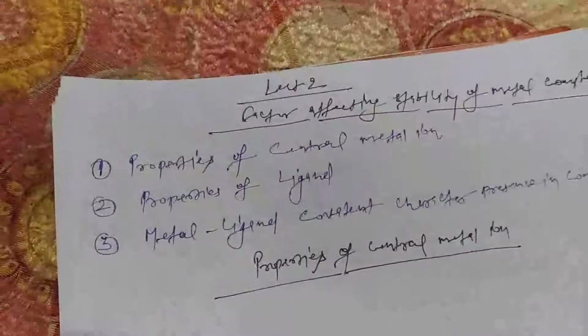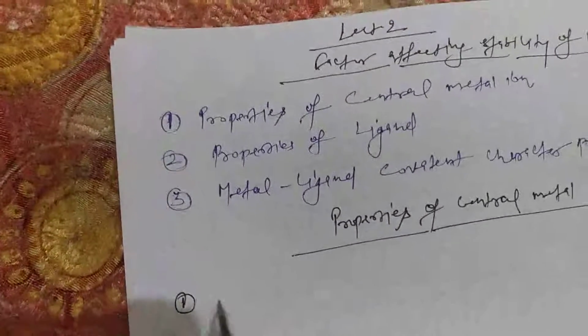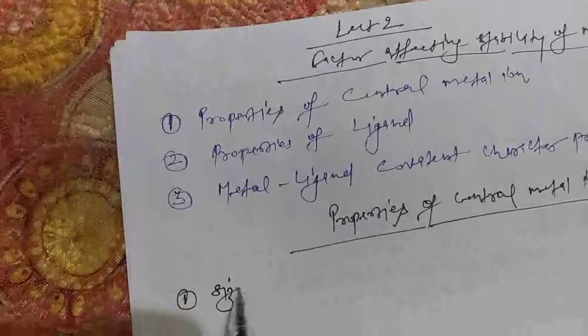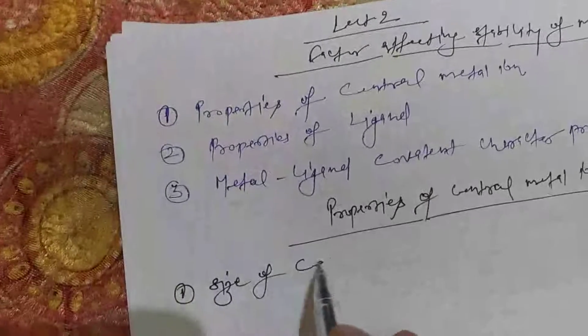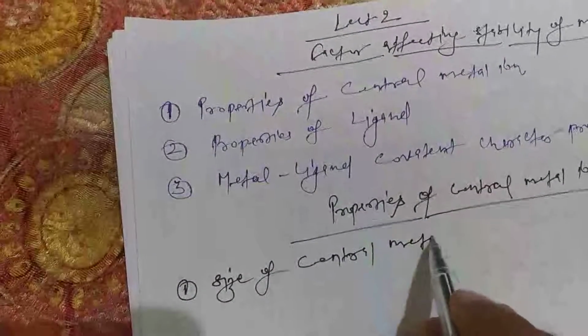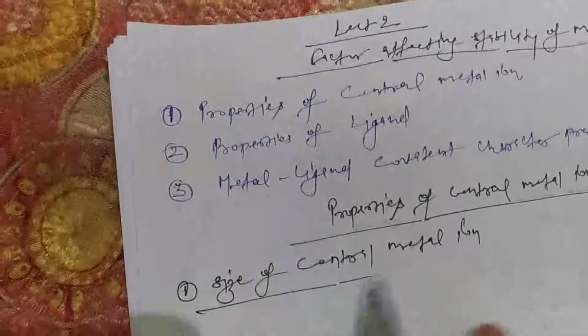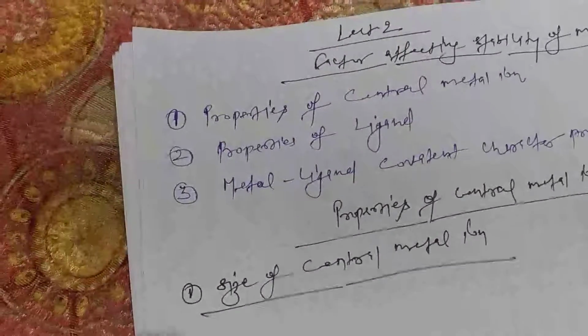So under properties of central metal ion, the first is the size of central metal ion. See, what is the effect on stability of the size?